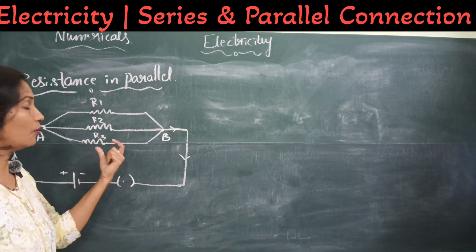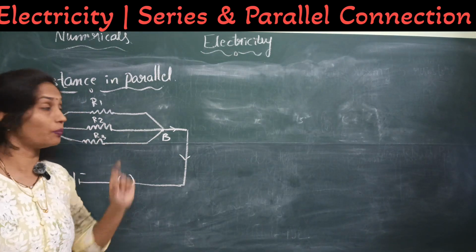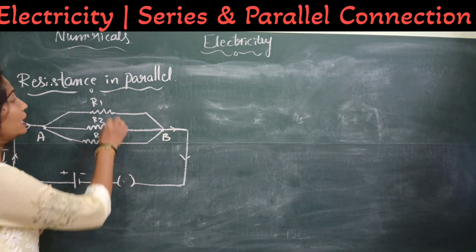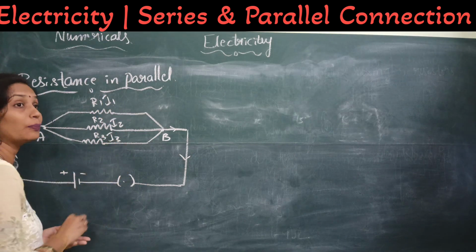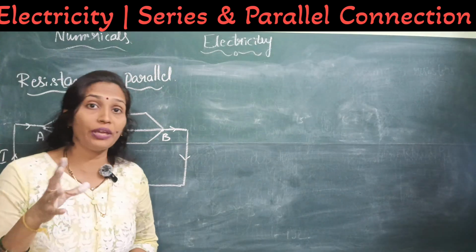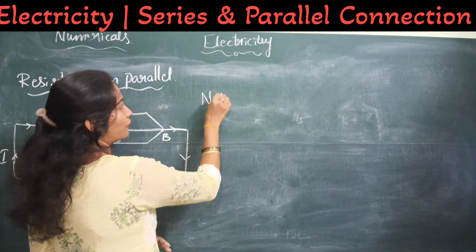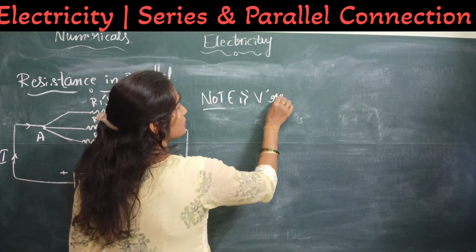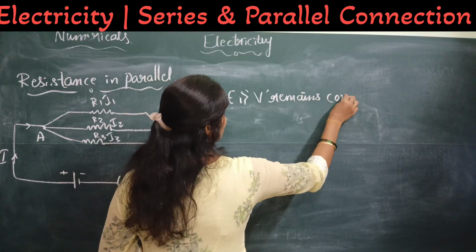In series, I is constant, but here, this is a very important note, I will be changing. I will not remain constant, but potential difference V remains constant in parallel. What is the first note, guys? V remains constant.